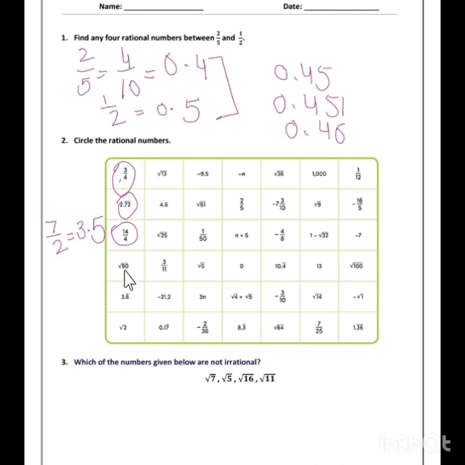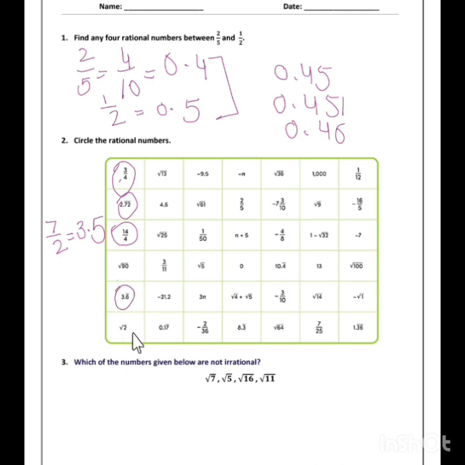Square root of 90, as we discussed earlier, if the number inside the root is not a perfect square, then the root is irrational. So square root of 90 is an irrational number because 90 is not a perfect square, so we will not circle it. Then 3.6 with the bar shows a recurring decimal, so I will circle it.